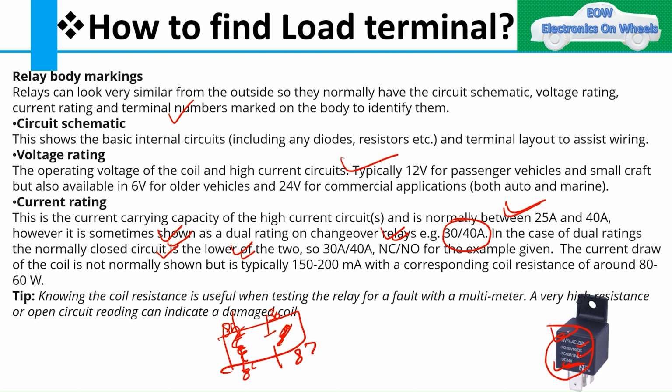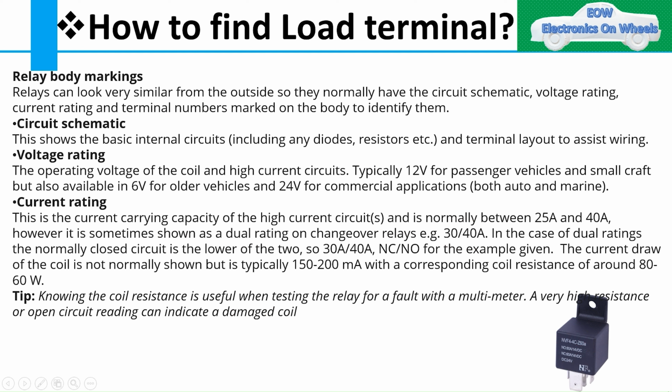So if you see here, let me erase, then only you can see. This is my normally closed, so this is a changeover relay. Here it is 60 amps for normally closed, but normally open has 80 amps of current rating.